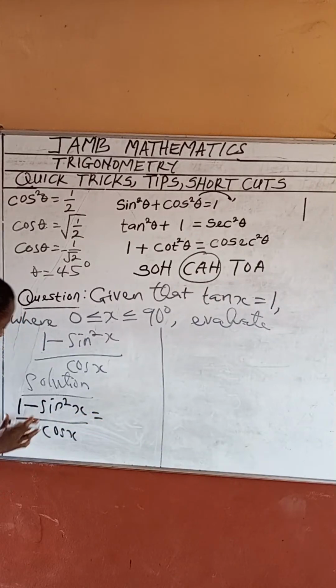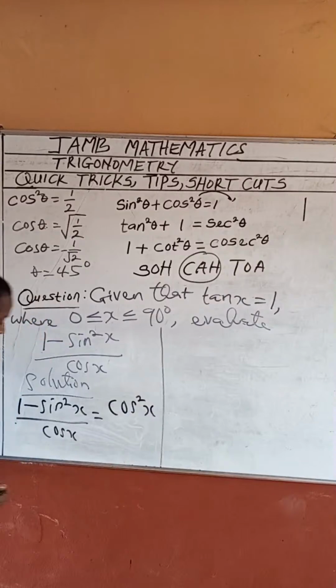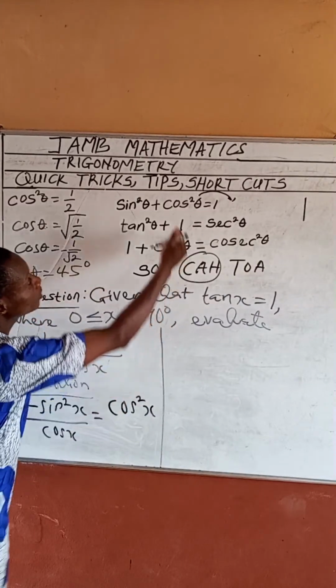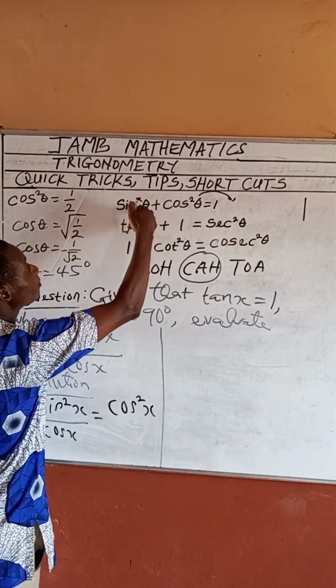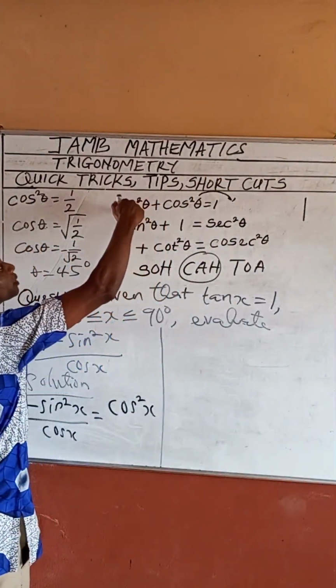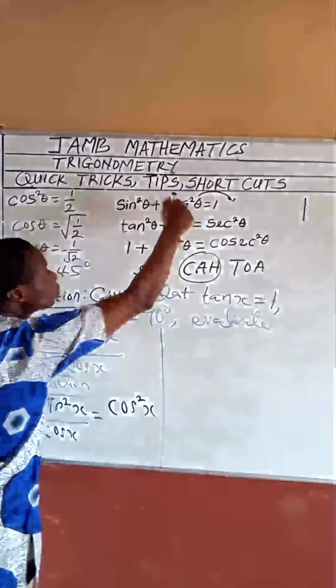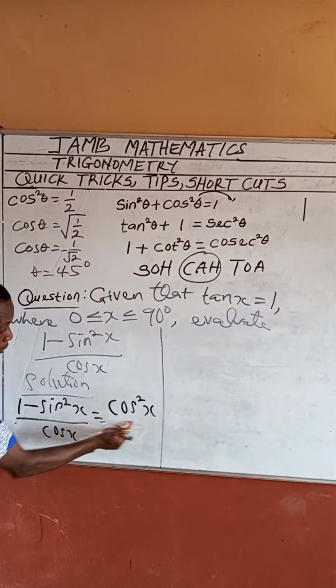Now replace 1 minus sine square x with cos square x. Take this sine square x to this side, and it becomes 1 minus sine square x. Replace it with cos square x. That's what we have done here.